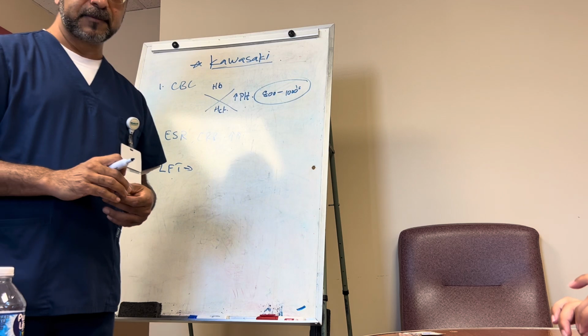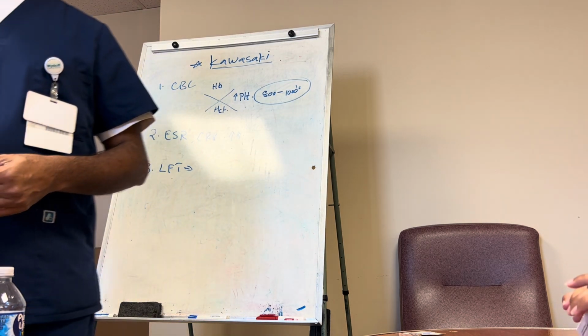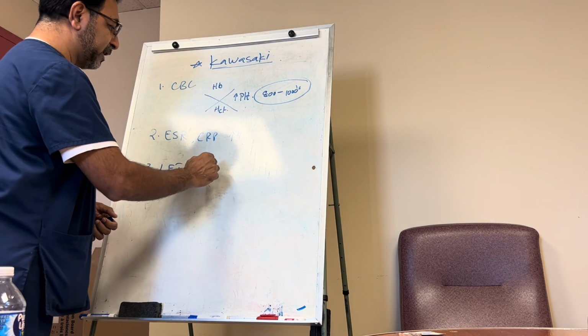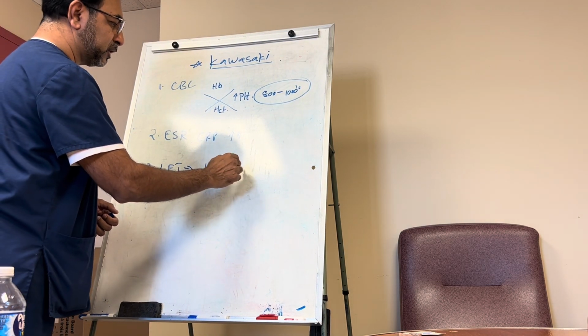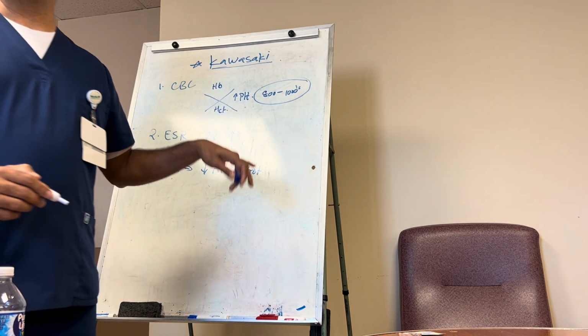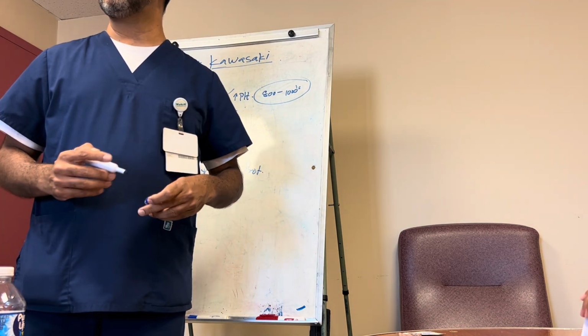Yes? Okay. Why? Again, it's more for prognostic reasons. If you have patients who have low albumin levels or decreased protein levels, hypoproteinemia, those patients also are very prone to developing coronary artery involvement.